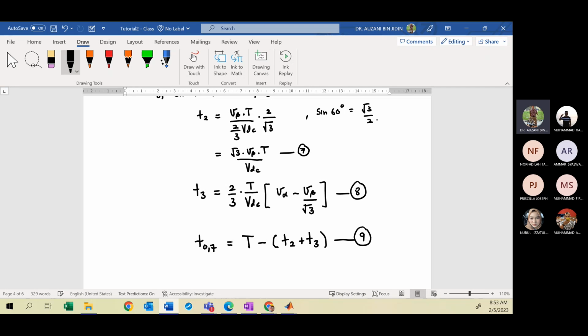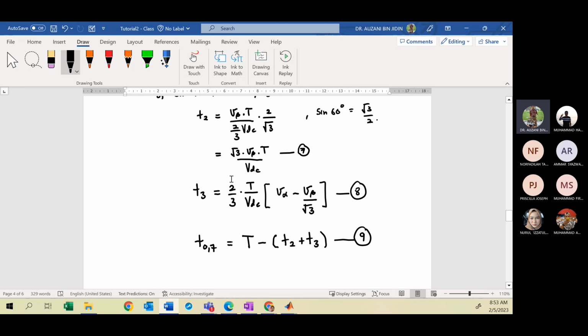So this is equation number 9. Okay, this solves part A, the derivation part.